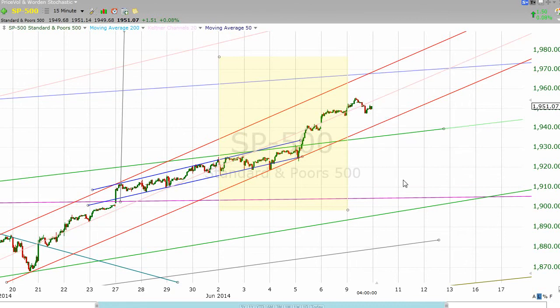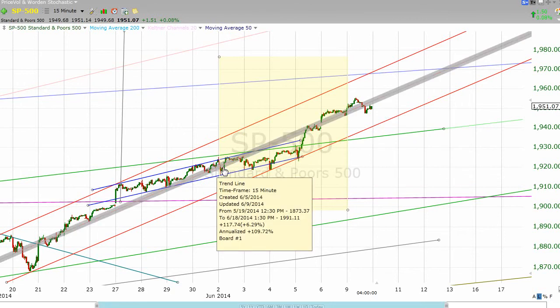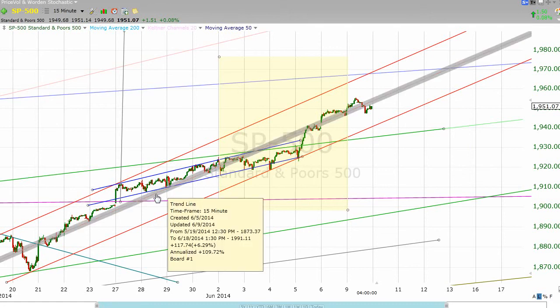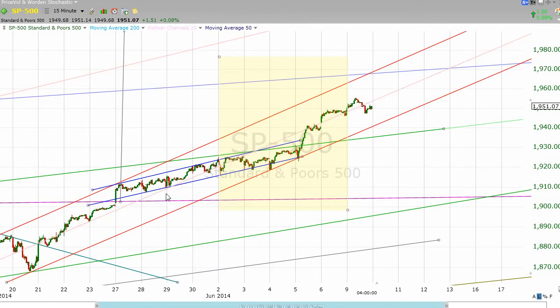So it's no big deal. You'll see, for example, back here in early June, there was a little wiggling around where the price level seemed to be kind of attracted to this line. I, for the life of me, can't tell you why this happens, but all I can tell you is it seems to happen a good bit.